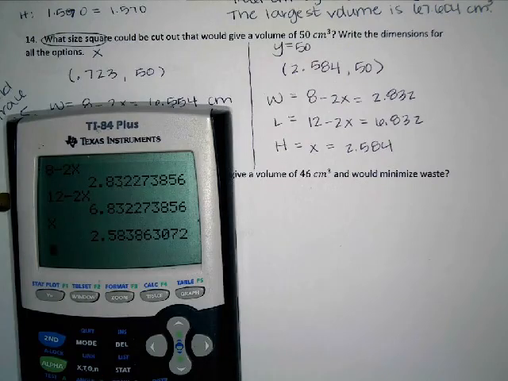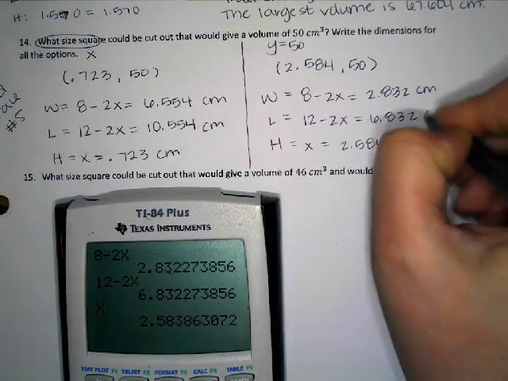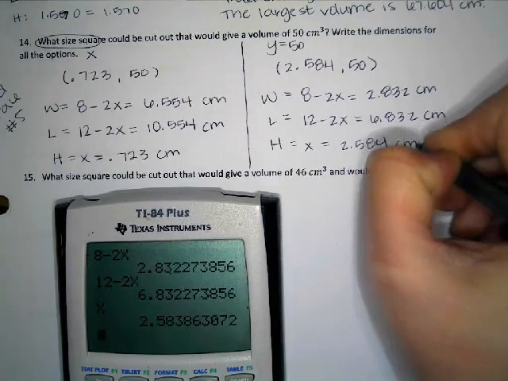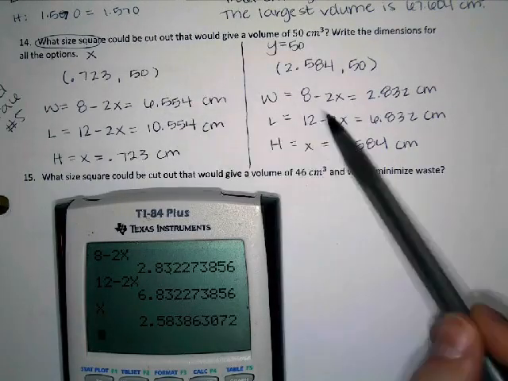And these are all centimeters. Does that make sense to you guys? So we can see we had two options that would give us the exact same volume. We have a smaller square that would give us a volume of 50. We have a bigger square that would give us a volume of 50.